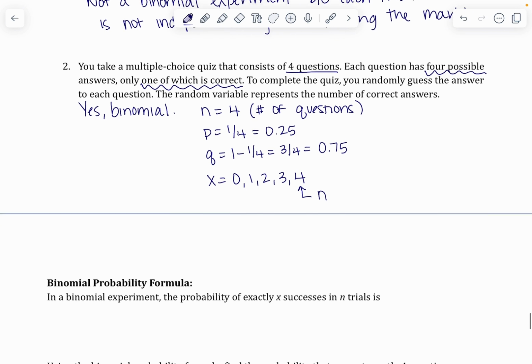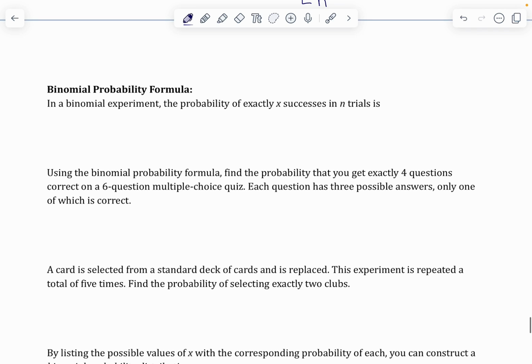All right, once we know that we have a binomial experiment, we can find the probability of x successes in n trials using a formula. The probability of x equals nCx, which is a combination.